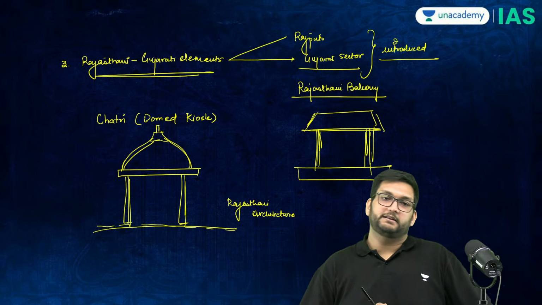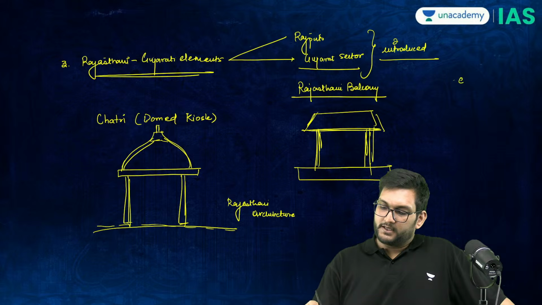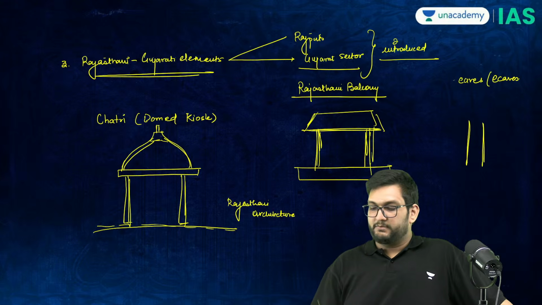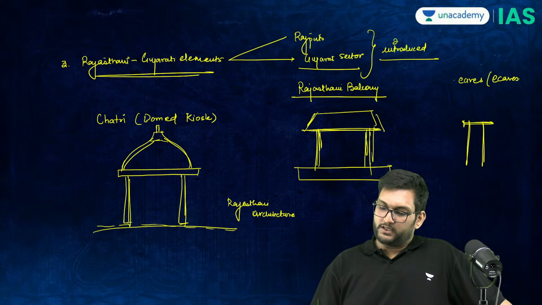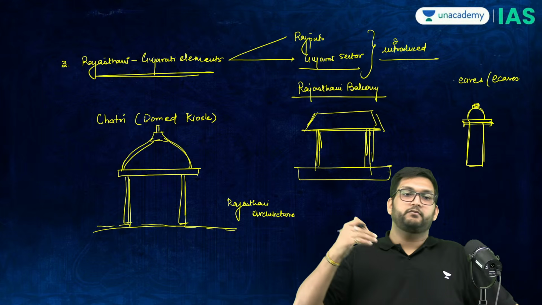And third is called eaves, whatever you want to call it. These are protruding elements which are there as a way of adding some form of aesthetic understanding.